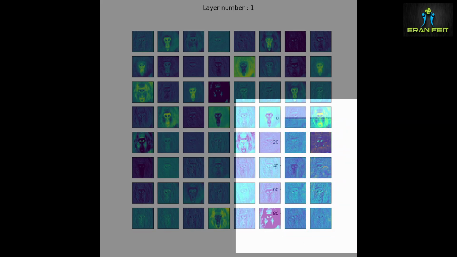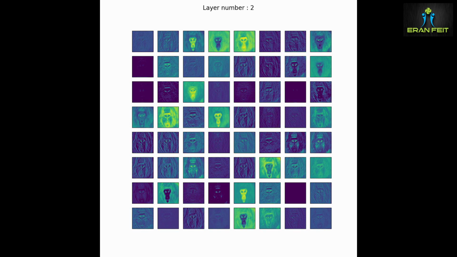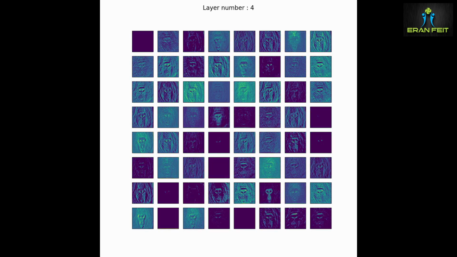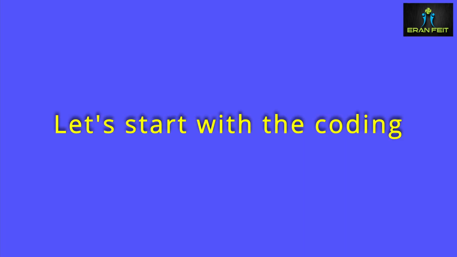The white area presents the learning area. This is, for example, a full layer of 64 neurons, and this is another layer. We are going to focus on the white areas that present what the filter does, what the filters are trying to predict. So let's start with the coding.